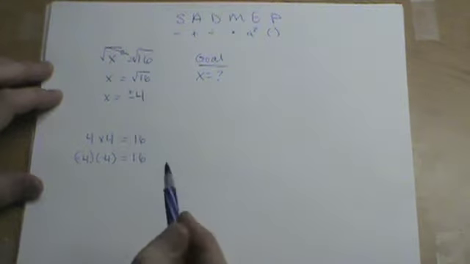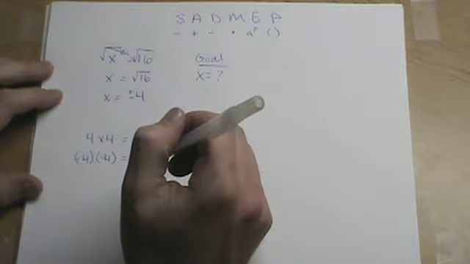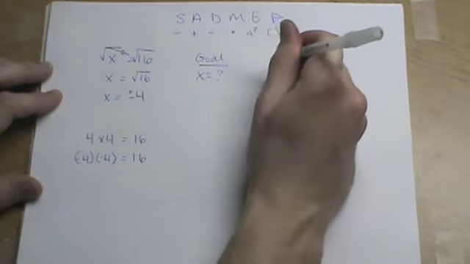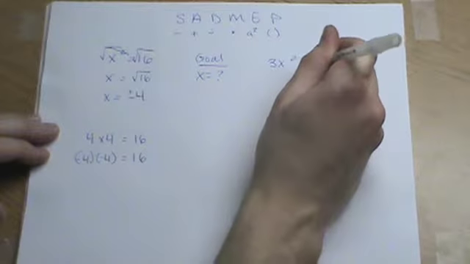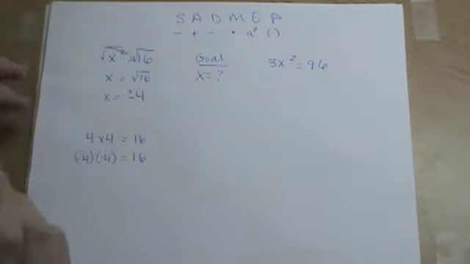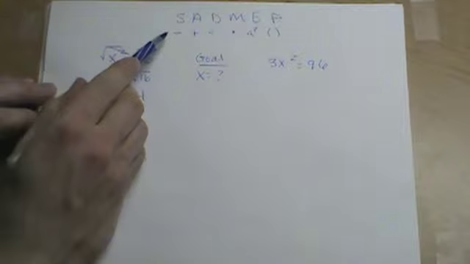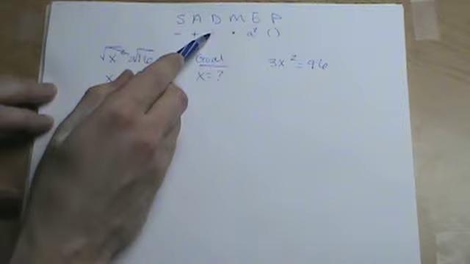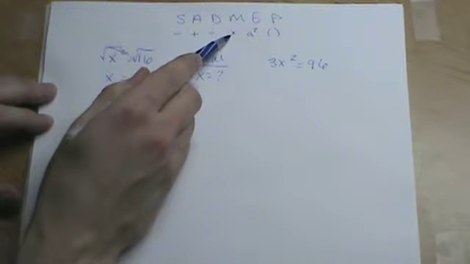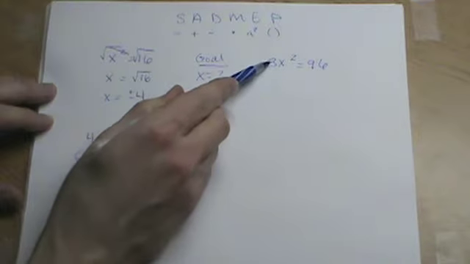Okay? How about we do another example over here? One with a little more meat to it. Let's do 3x squared equals 96. All right? So first, start with PEMDAS backwards. Is there any subtraction? Nope. Any addition? Nope. Division? Nope. Multiplication? Yeah, right here: 3 times x squared.